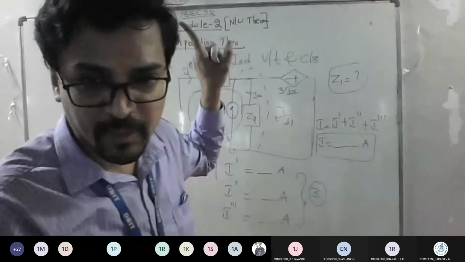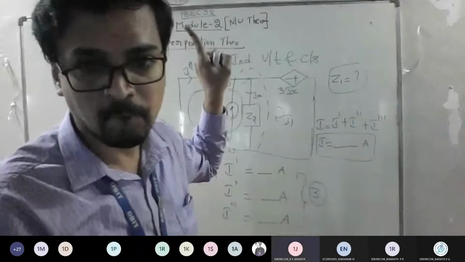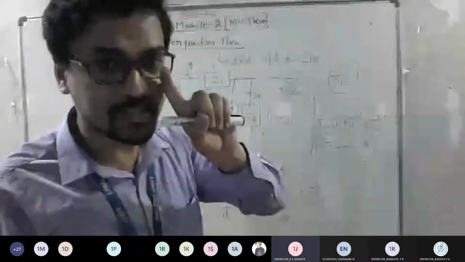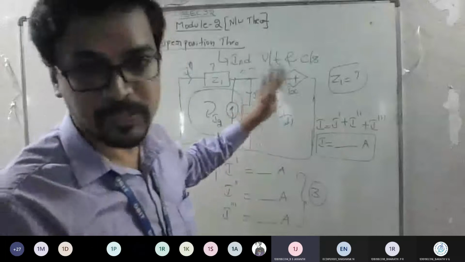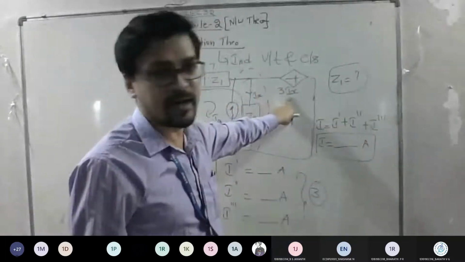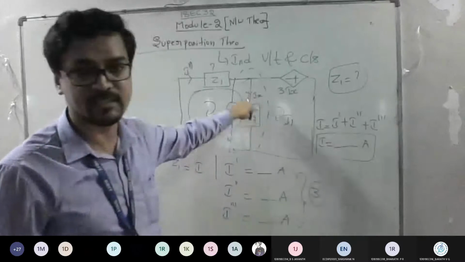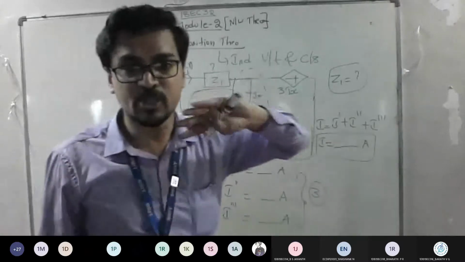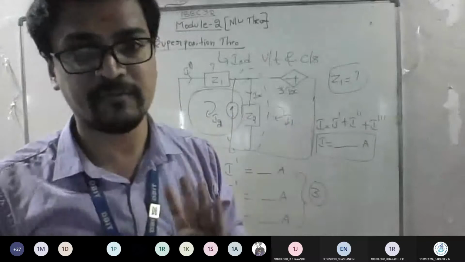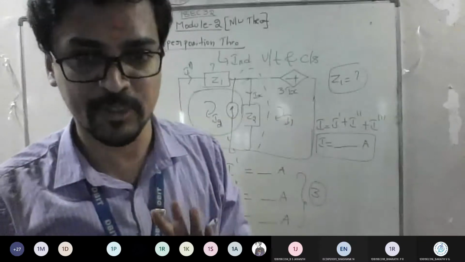Do you want to short the dependent voltage source? No, sir. See, this is the only thing you should remember carefully. You need to retain it as it is and apply mesh analysis because it is dependent. It depends on something, here this Z2. So you're not supposed to short or eliminate it. This is the only thing you should be very careful about while solving superposition problems.